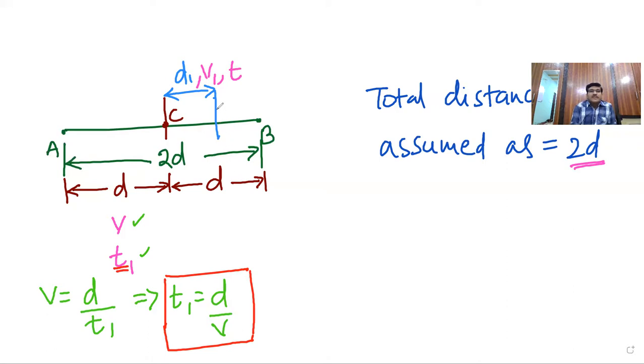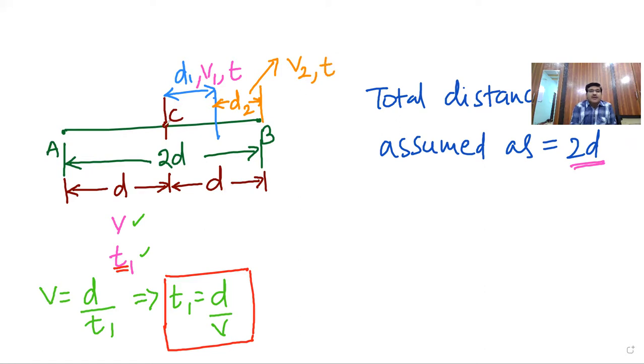The remaining distance, which I assume as d2, is covered with speed v2, and the time is again t.